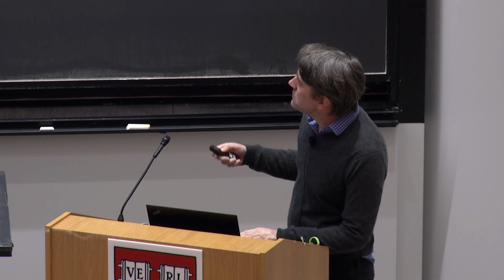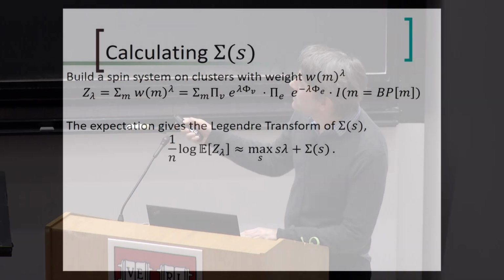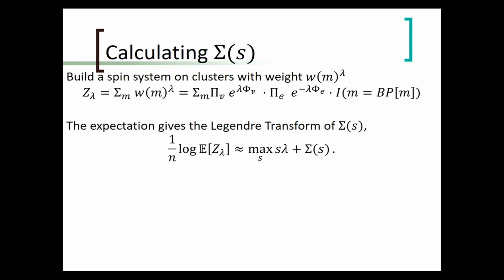And now, if you took Z lambda, took its expected value, and its log, and then divided by n, then the biggest contribution will come from when s lambda plus sigma of s is maximized. So pretty much, you can think of this as just taking the Legendre transform of sigma of s.